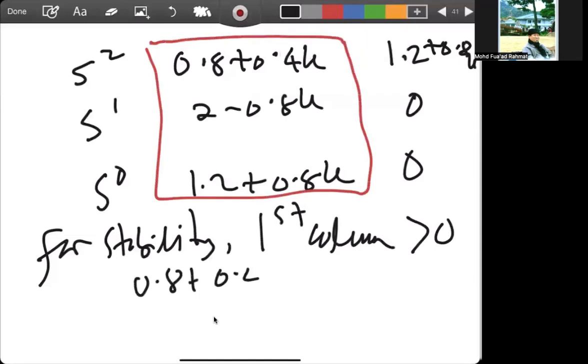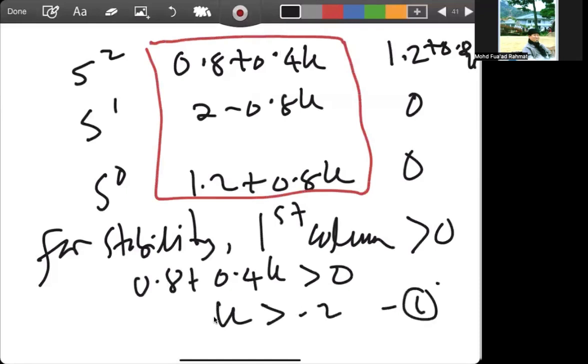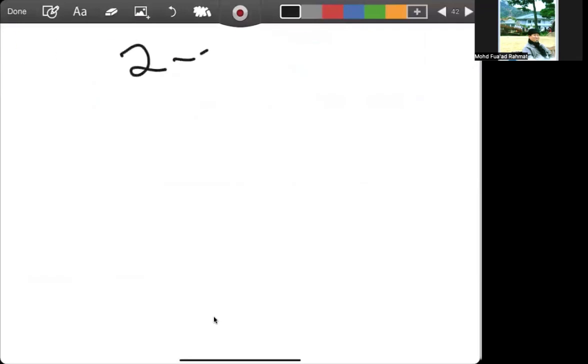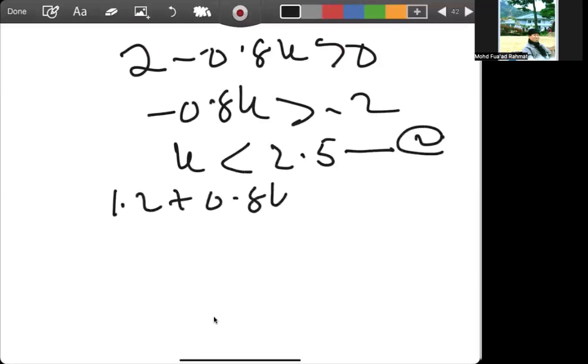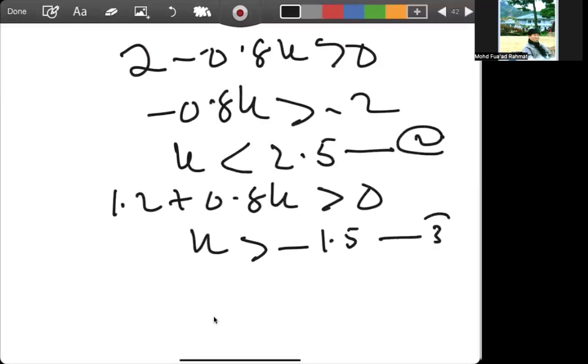So 0.8 plus 0.4k greater than 0, k greater than minus 2, equation 1. 2 minus 0.8k greater than 0, so k less than 2.5, equation 2. 1.2 plus 0.8k greater than 0, so k greater than minus 1.5. Also, k greater than 0, equation 4.